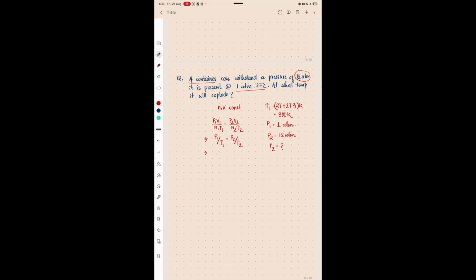So if I put P1 as 1 atm and T1 as 300 Kelvin, P2 as 12 atm, then T2 will be, I can cancel that, T2 will be 3600 Kelvin. So this means if the temperature exceeds 3600 K, then it will explode, right?